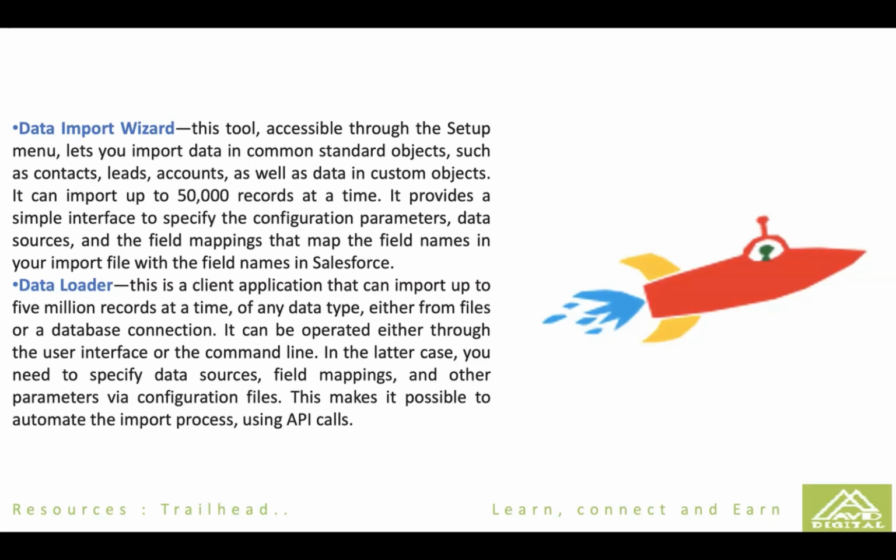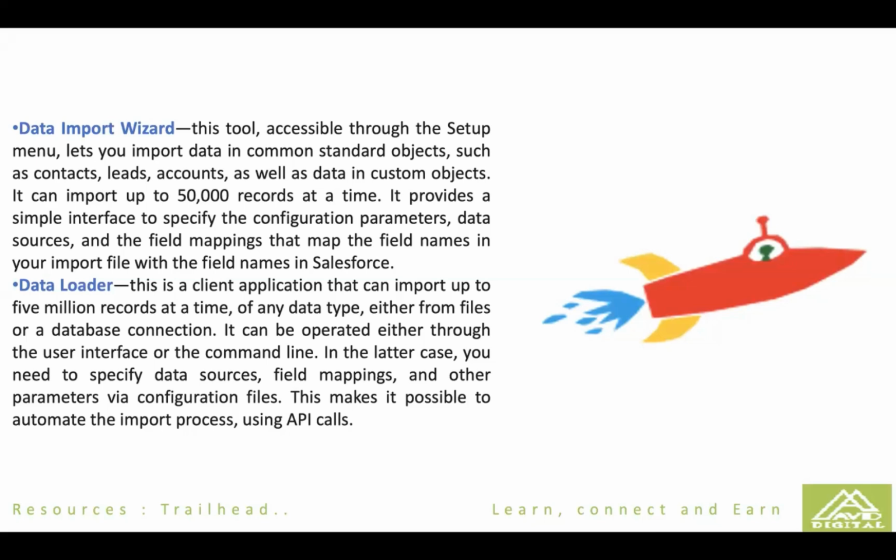But Data Loader can import, it can export, it can upsert, it can delete. You can't use Data Import Wizard to delete, but you can use Data Loader to delete a record.